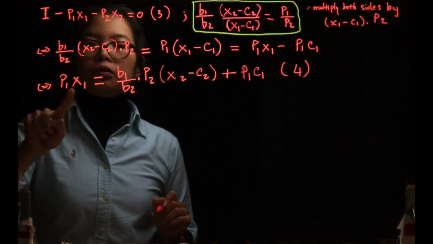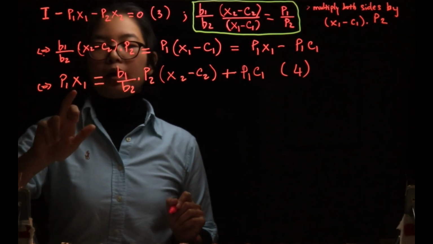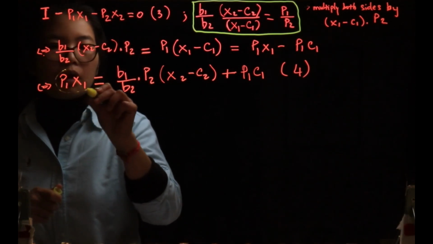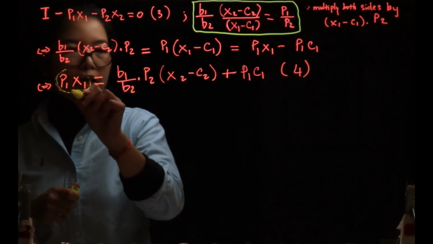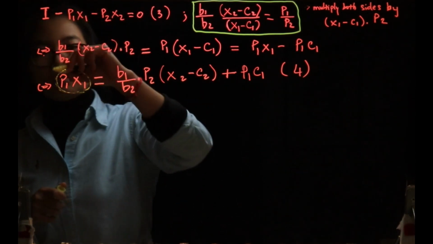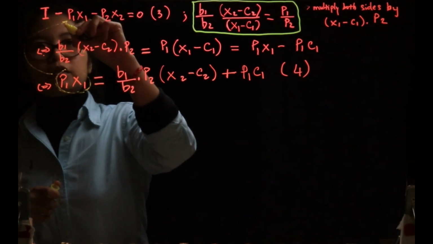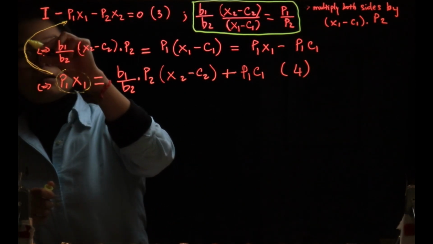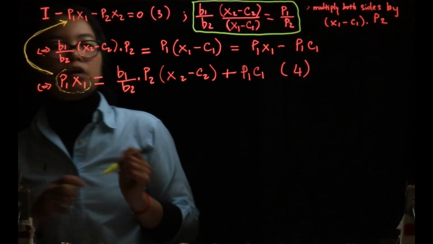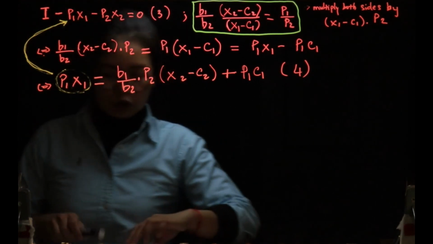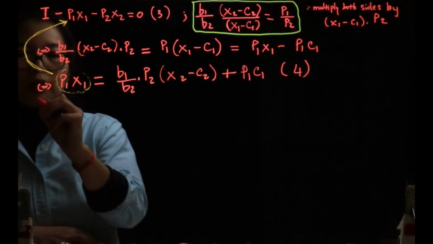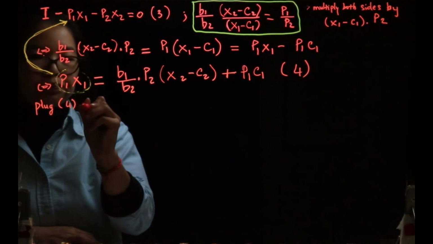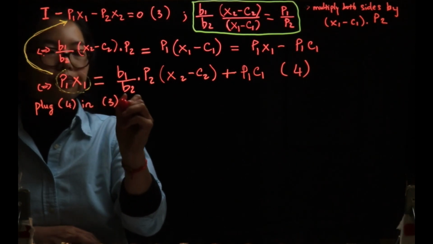And now what do I want to do with it? I will plug this term, not it, but its function, into the budget constraint, into the third equation, in order to solve for p2 x2. Let's do that. Plug in equation 4 in brackets.